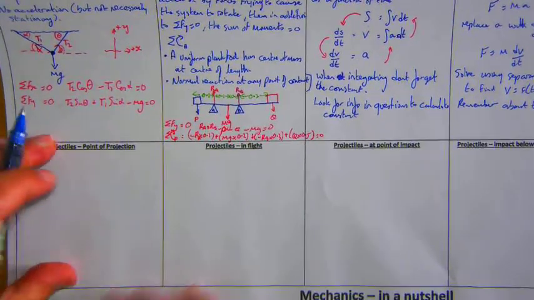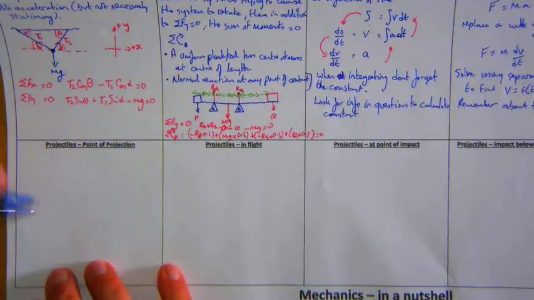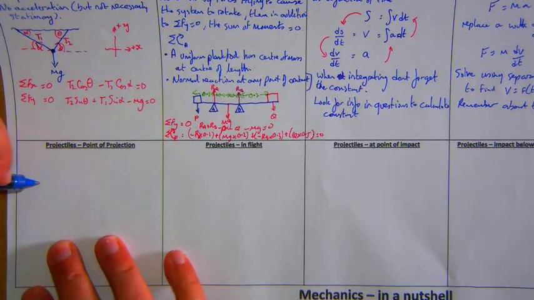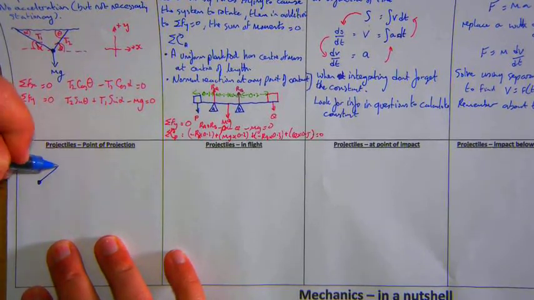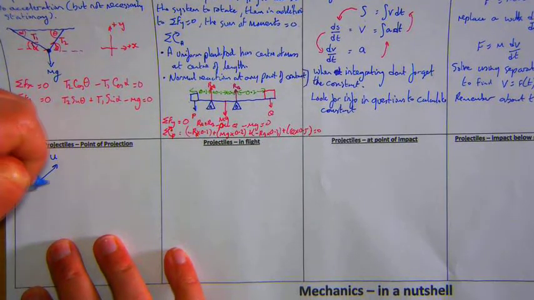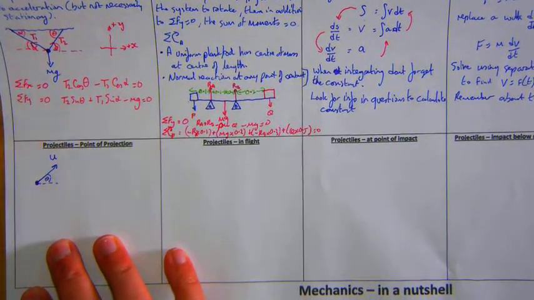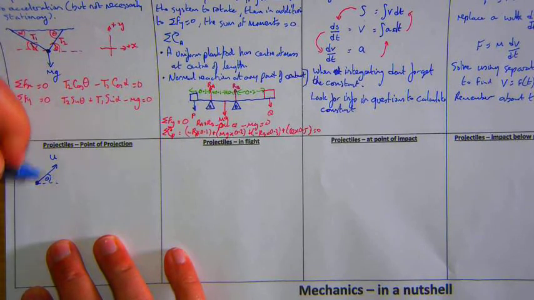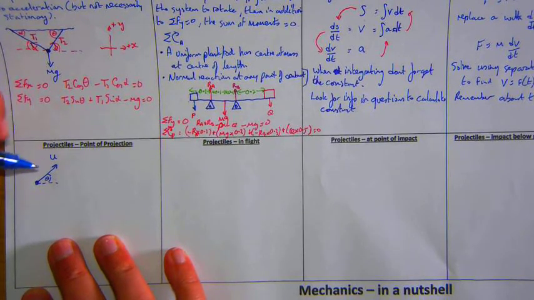So if a particle is projected, let's say it's projected with an initial velocity u, and at an angle of theta to the horizontal, a projectile has no means of motion other than the initial velocity it's given and the acceleration due to gravity.